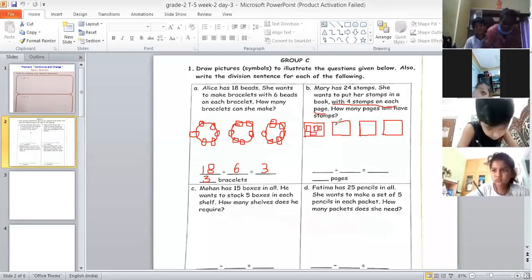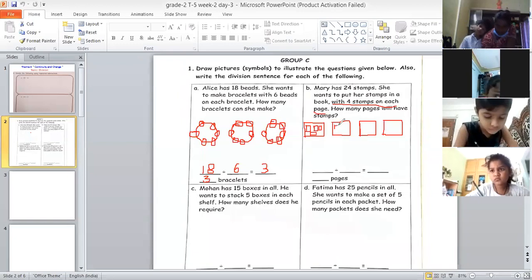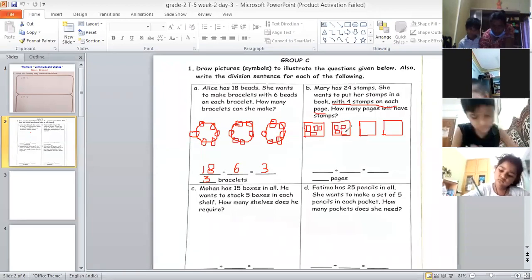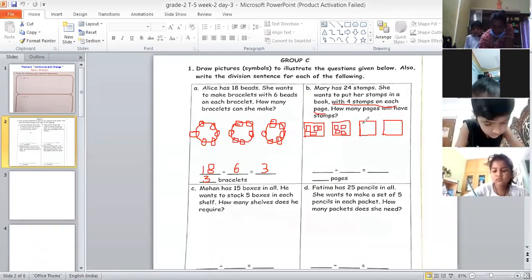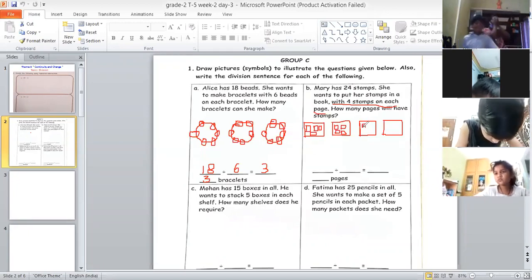Again, how many stamps do you have to make on each page? On each page there should be 4 stamps. So count and make 4 stamps. 1, 2, 3, and 4. Again on the 3rd page, we don't know how many pages we will require, so first we'll make 4 pages and then we'll draw the number of stamps.